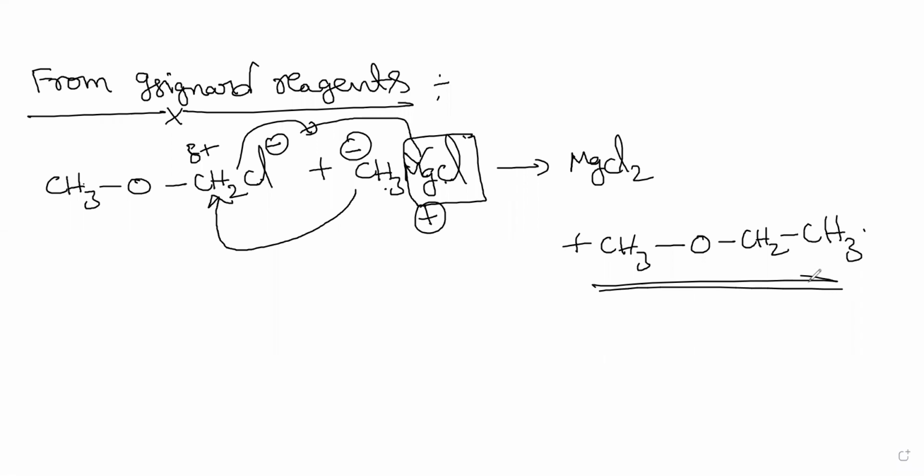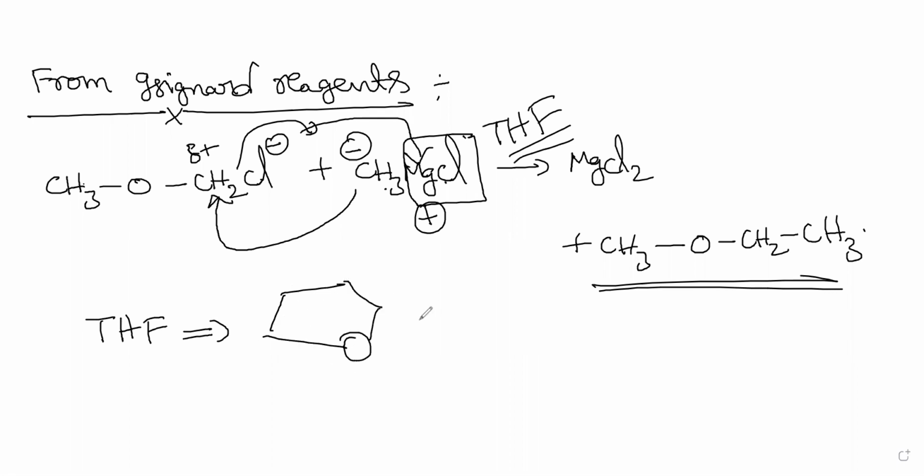This is how you get ethers from Grignard reagents. Of course, they use some THF, that is called tetrahydrofuran. Don't worry too much about that. It looks like a pentagon shape with oxygen at one end of the pentagon.